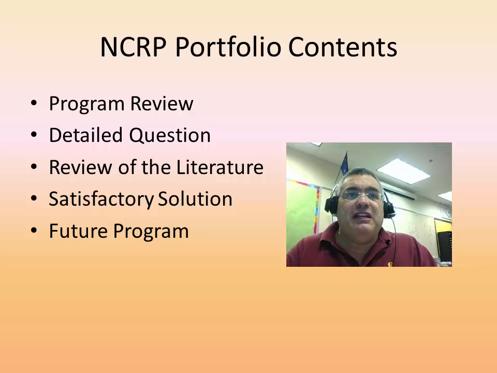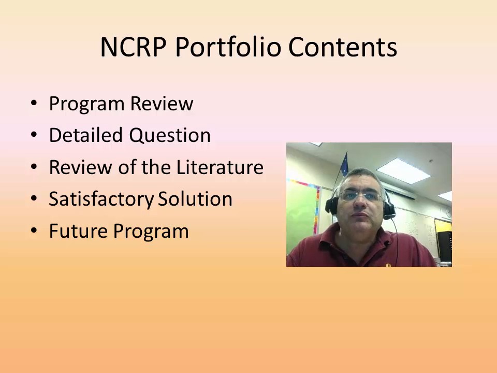Fourth, an extensive written discussion concerning how the literature in the field provides a satisfactory solution to that question and the importance to the field. The satisfactory solution is a minimum of 5 pages and a maximum of 8 pages.